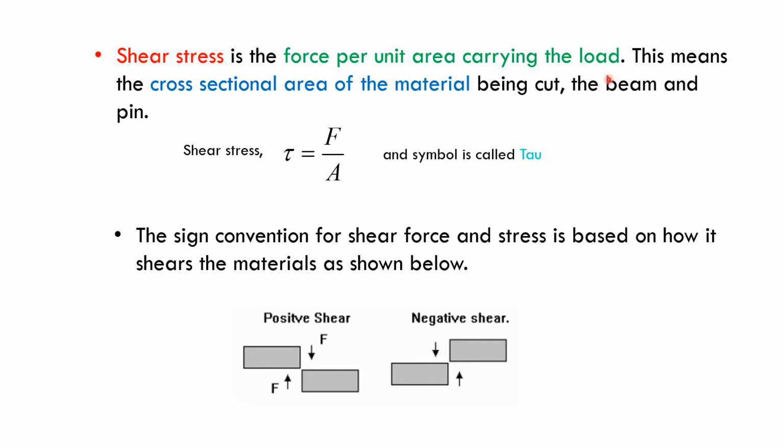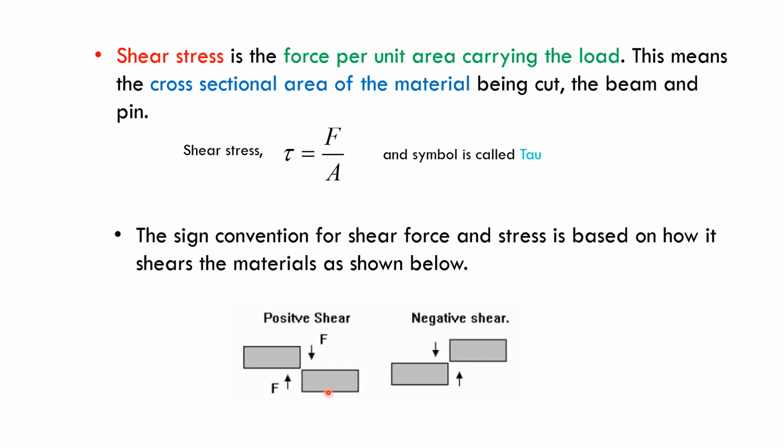So we can write the equation for shear stress, where the symbol is tau: tau equals F over A. F is the load that we apply, and A is the cross-sectional area of the body that we put the load on. The sign convention for shear force and stress is based on how it shears the material. There are two: positive shear and negative shear.